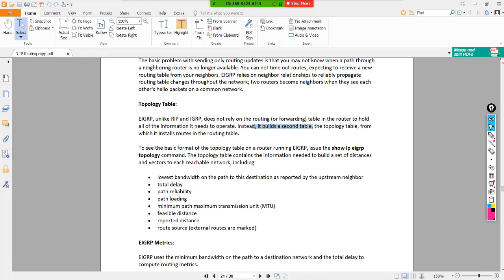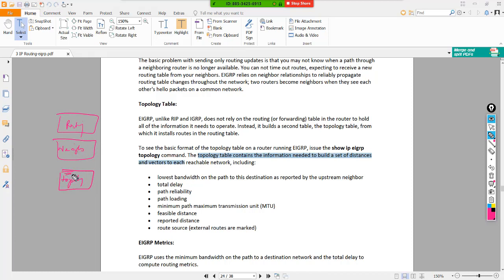Instead, it builds a second table, a topology table, which will install routes in the routing table. And this is the command with which we can check all the routes within the topology table. The topology table contains the information needed to build network reachability. So I have a routing table, a neighbor table, and also a topology table.